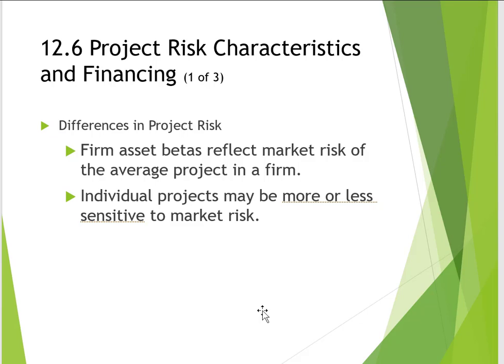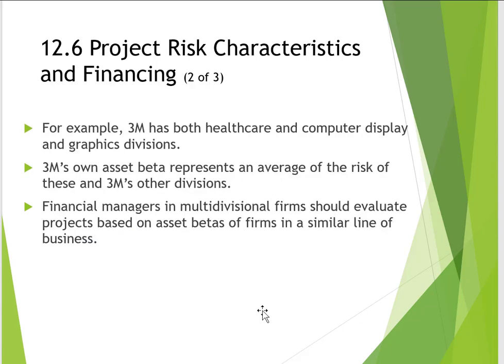So there is General Electric Credit, which is a huge financial company that offers debt to consumers, etc. But they also own one of the largest long-term care insurance companies as well. So each one of those segments wants to do projects. What beta do you use when you're talking about their projects? It's very different from time to time.